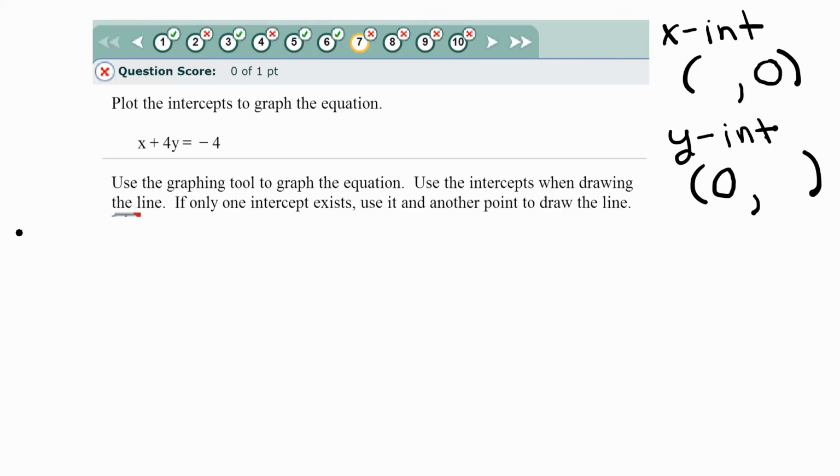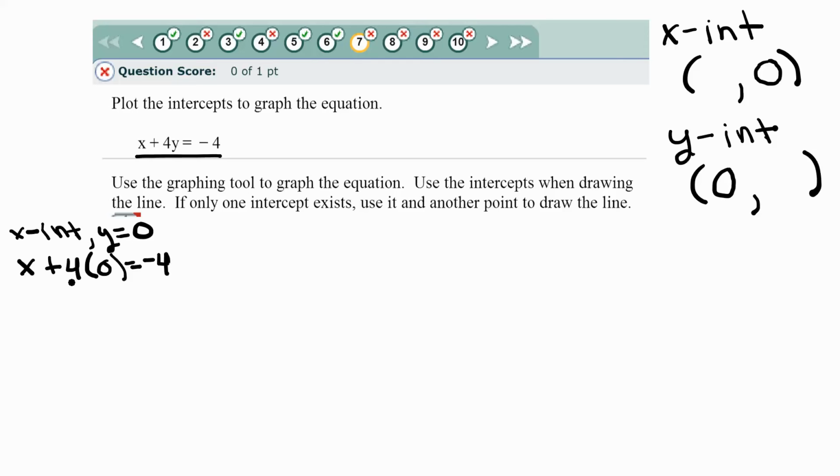So in order to find the x-intercept, we know that y is going to equal 0. We take our equation and plug in y equals 0 to find the value of x when y equals 0. So we have x plus 4 times y, and y is 0, equals -4.